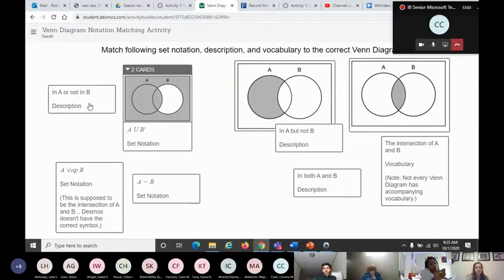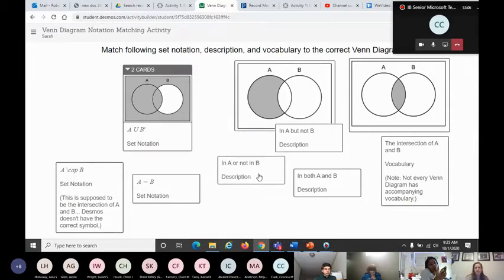Then if we look at our descriptions, so we have three descriptions here. We have in A or not in B, in A but not B, and in both A and B. What do you guys think out of those three descriptions?